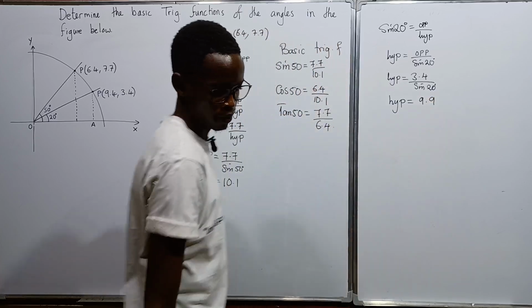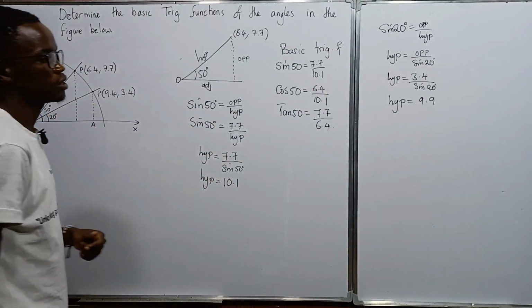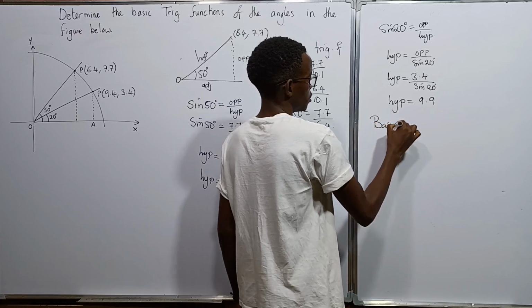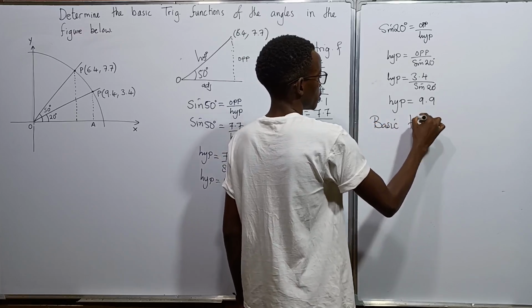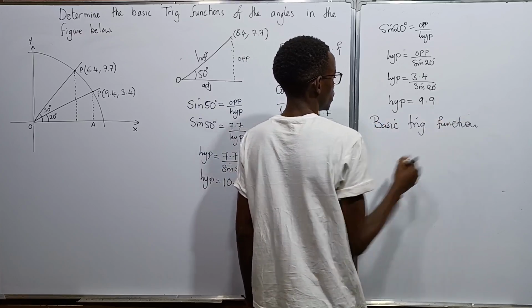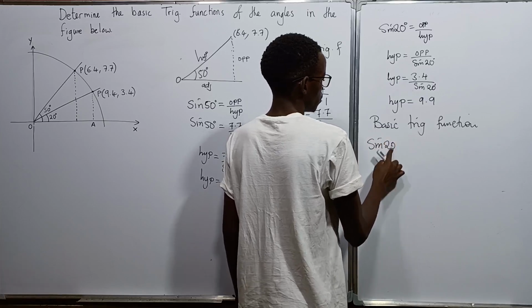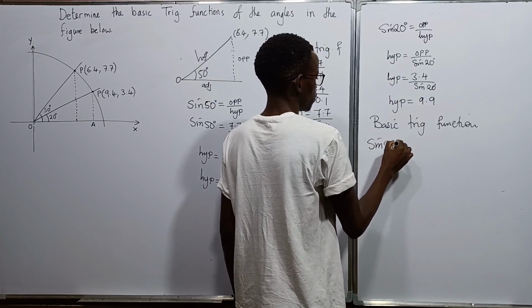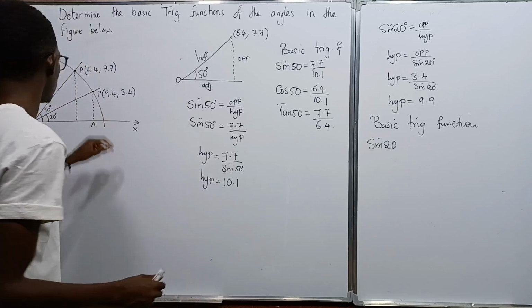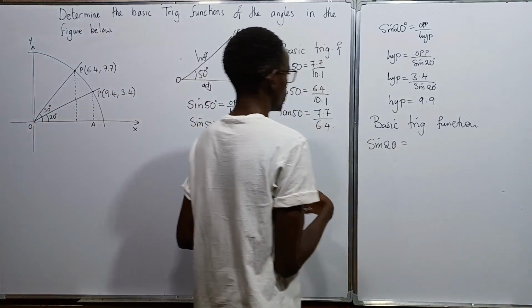So our hypotenuse in this case is equal to 9.9. Okay, so now we also write the basic trig functions for this triangle. Sine 20 for this triangle is equal to the opposite over the hypotenuse.